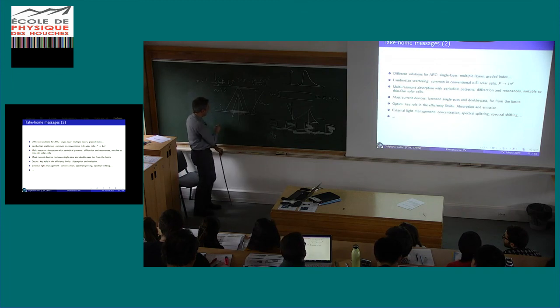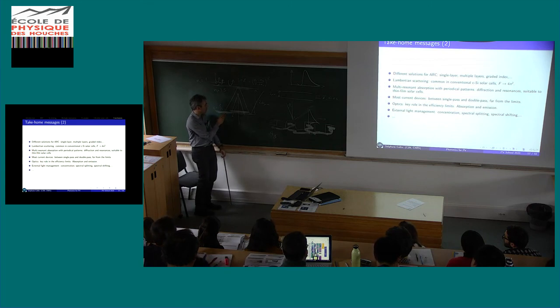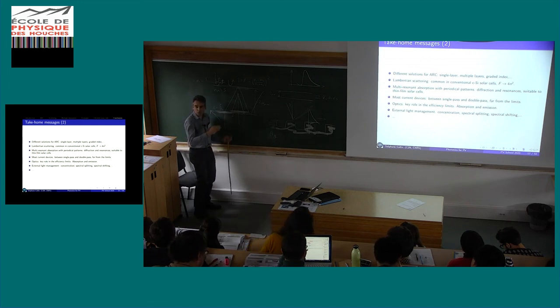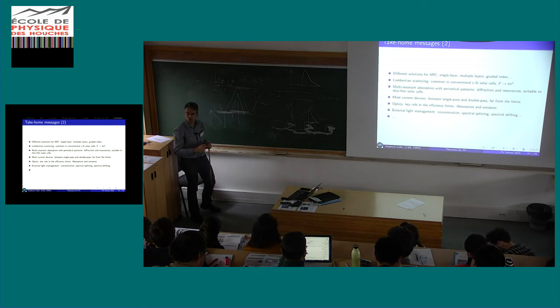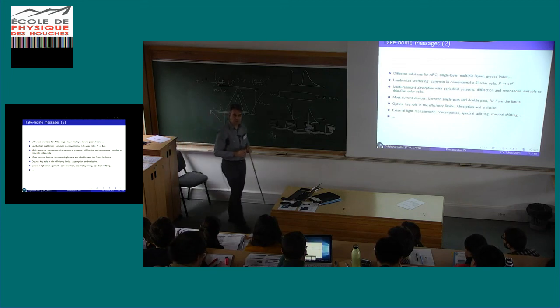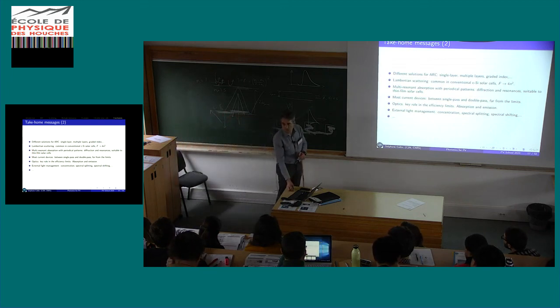And so if the mirror is on the high index material, then you have total reflection. But if you have air here, for instance, if you have light scattering with an air gap, then most of the light scattered will arrive at some angles and won't enter into the cell. And albedo is far from 1.